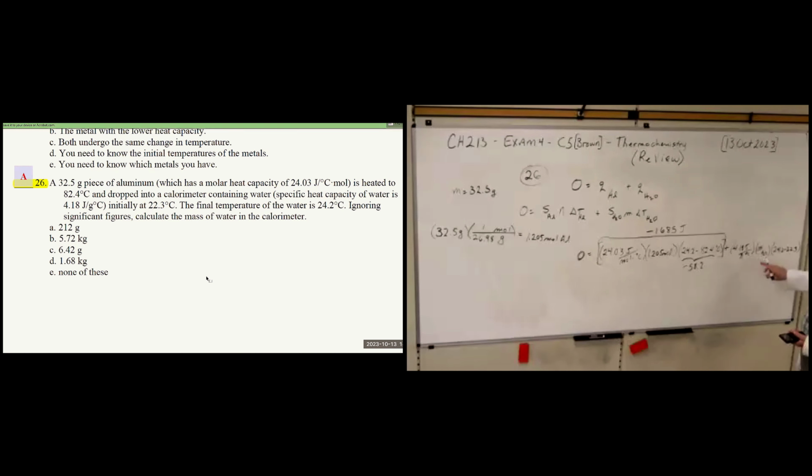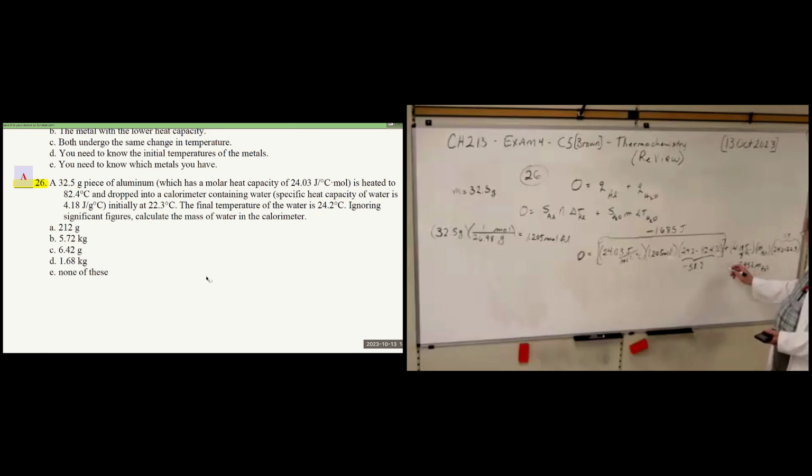This one over here is going to have an unknown in it. So we need this value right here, 24.2, and 22.3 subtracted from that is 1.9. And 1.9 times this value is 7.952. 7.952 times the mass of the water.